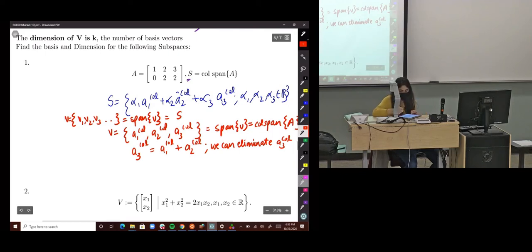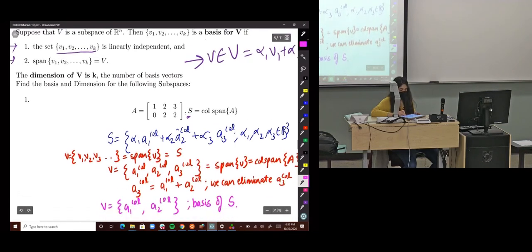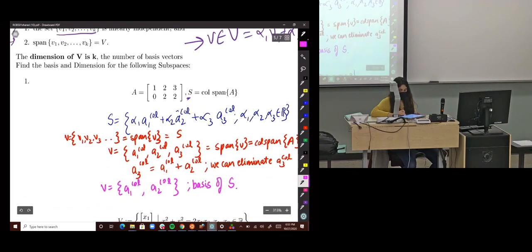So I redefine my V to just have the first and the second column of A, and then this becomes the basis of S, which is the column span of A. And why do we know that it will still give us all elements in the column span of A is because we've only deleted the linearly dependent column.